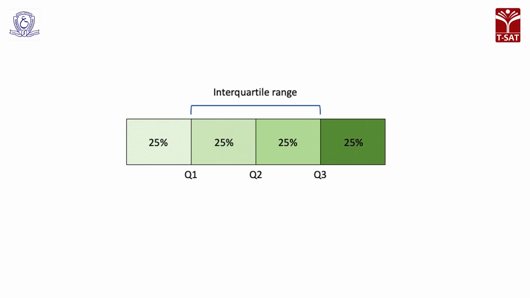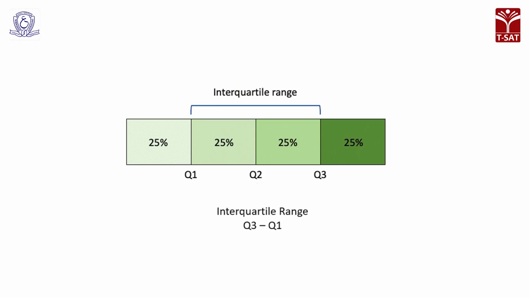Interquartile deviation includes the middle 50% of the distribution, which is Q2 plus Q3. That is, one quarter of the observations at the lower end Q1 and another quarter of the observations at the upper end Q3 of the distribution are excluded in computing the interquartile deviation, and the others are included.